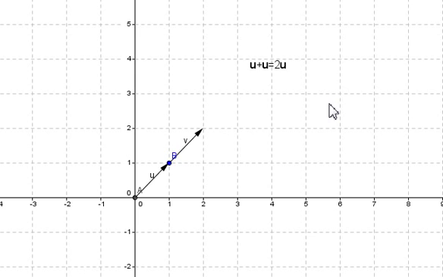Now if we continue adding the same quantity, we'll get a vector pointing in the same direction, but its length is 3 times as big as vector u.